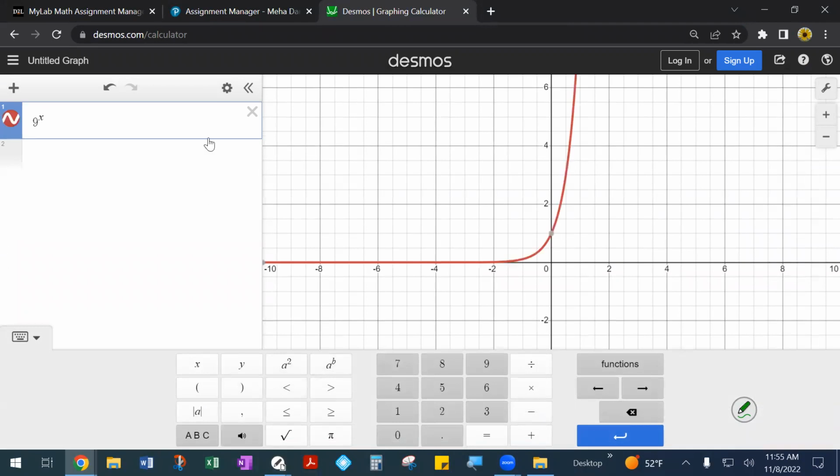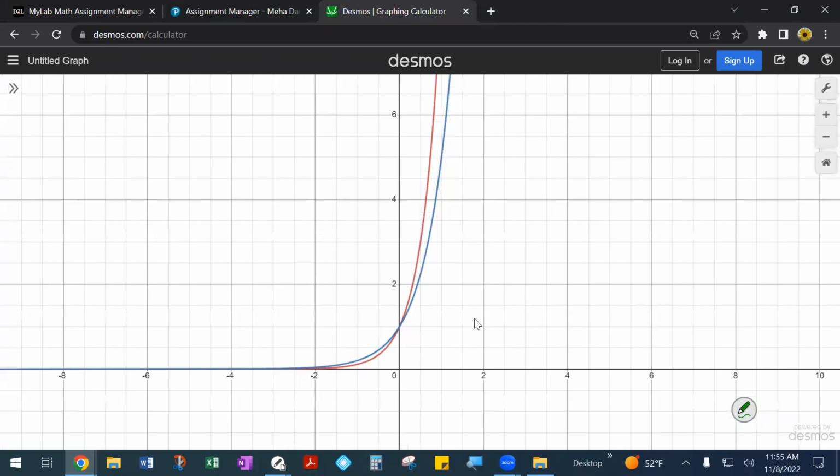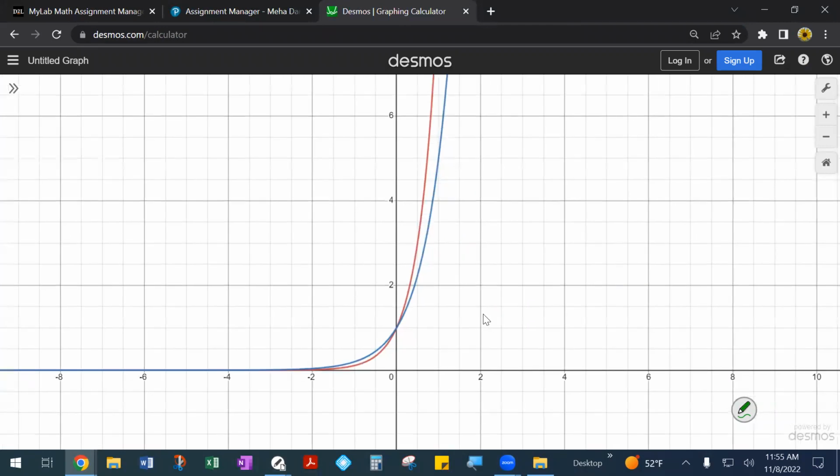This is the graph we just did, and then the other one was 5 to the power of x. 9 to the power of x is in red, 5 to the power of x is in blue. Look how similar they are. Just because that base is slightly different, you will see my 5 to the x function, which is the one in blue over here, is a little bit wider.